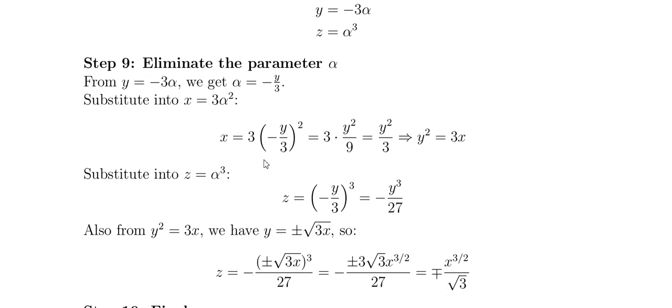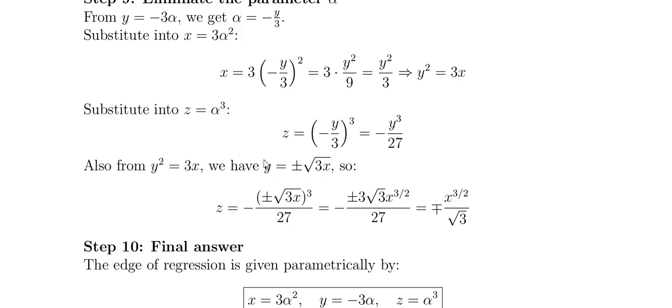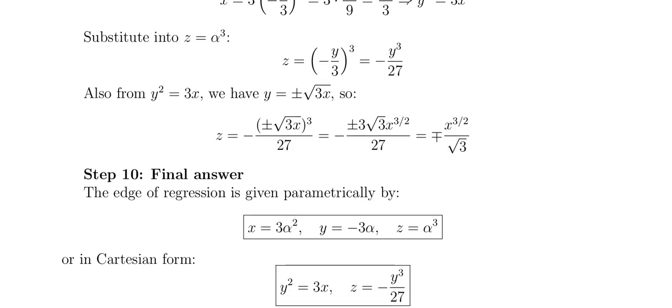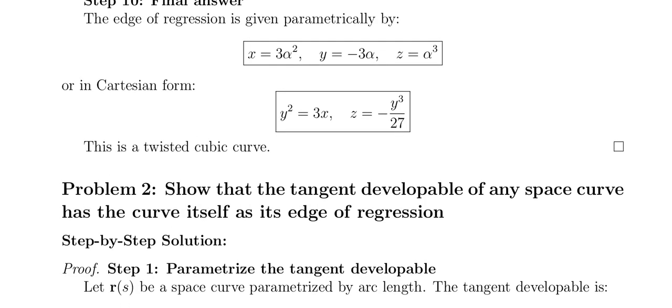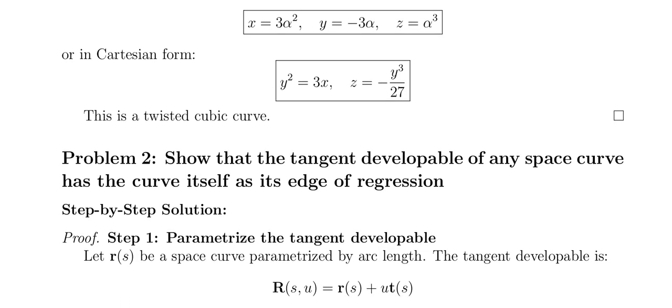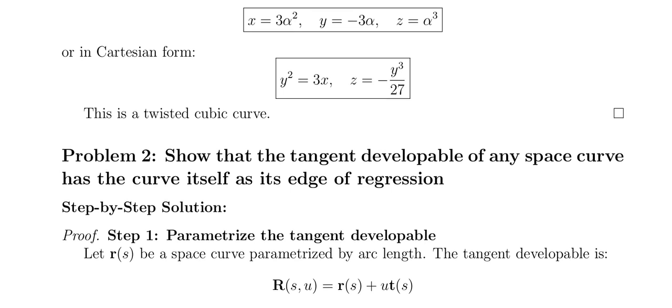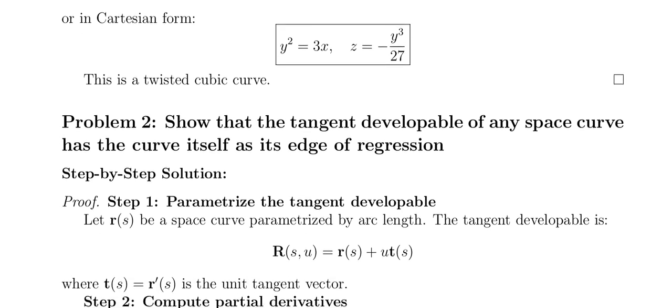If you substitute everything and eliminate alpha, we get the edge of regression in terms of x, y, z. Its Cartesian form is y square equal to 3x, z equal to minus y cube divided by 27.